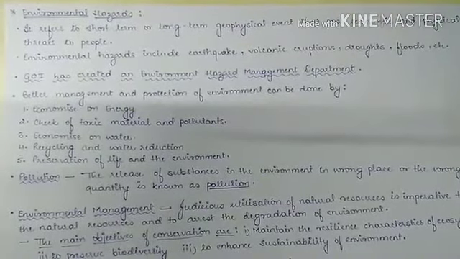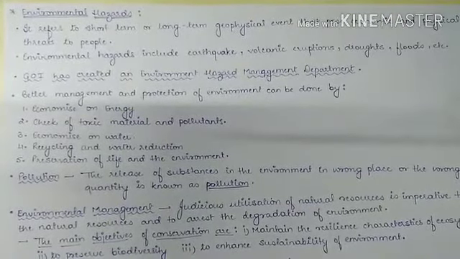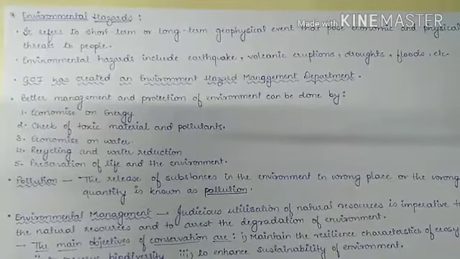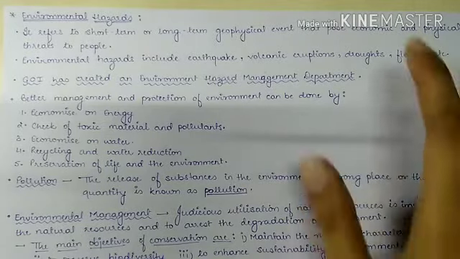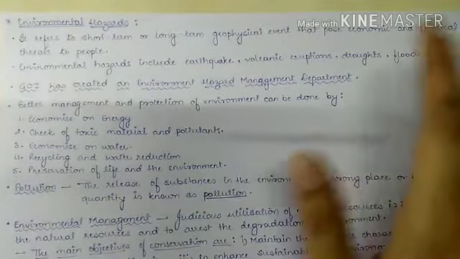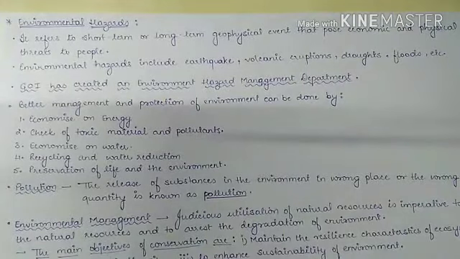Now, as we have done the impact of man on environment and ecology, we will look into various environmental hazards. Environmental hazards are generally referred to as short-term or long-term geophysical events that pose both economic and physical threat to people.